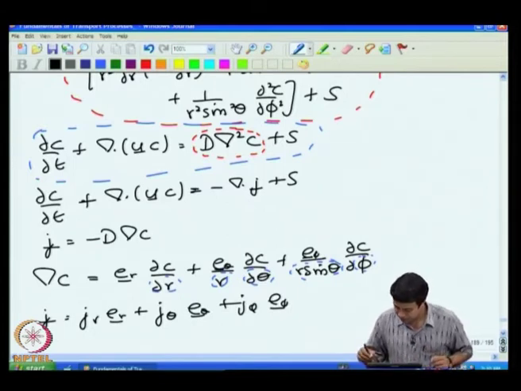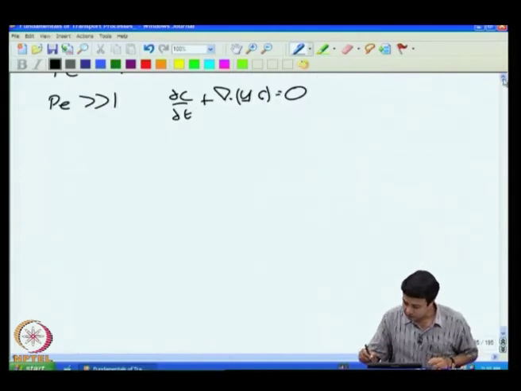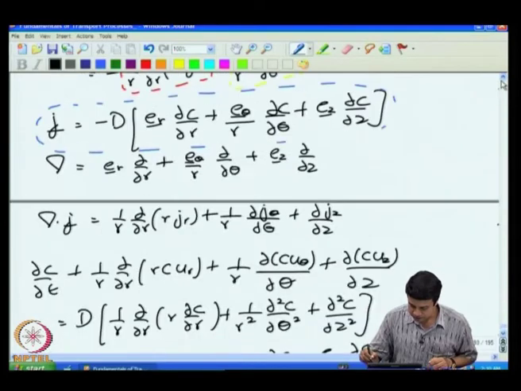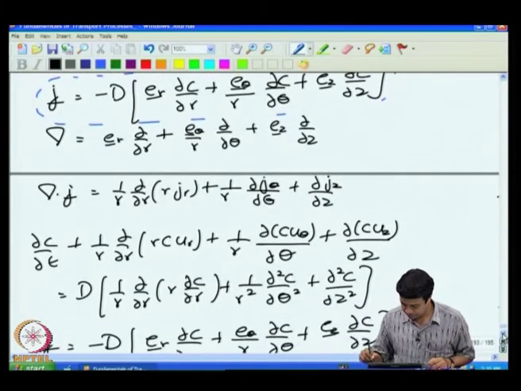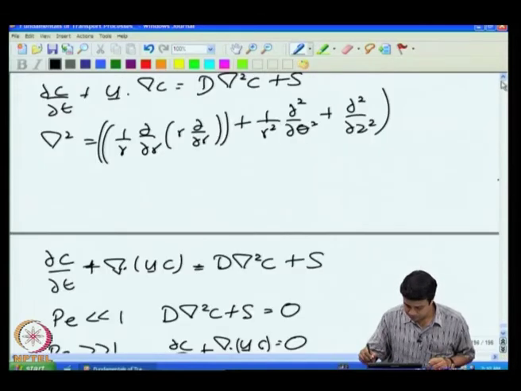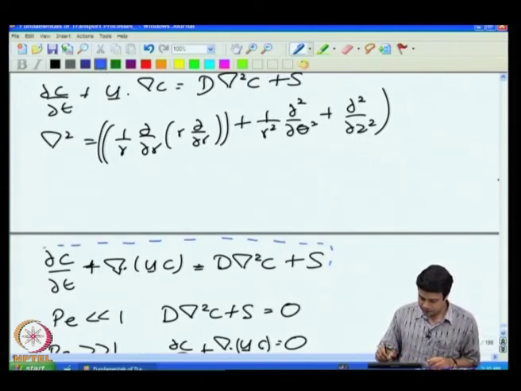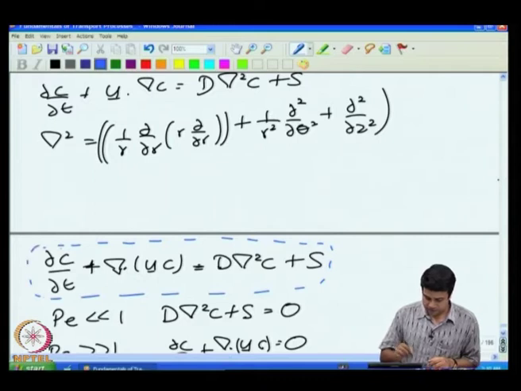Okay. So, in any coordinate system, the conservation equation can be reduced to this particular form, whether it is for mass or heat transfer.